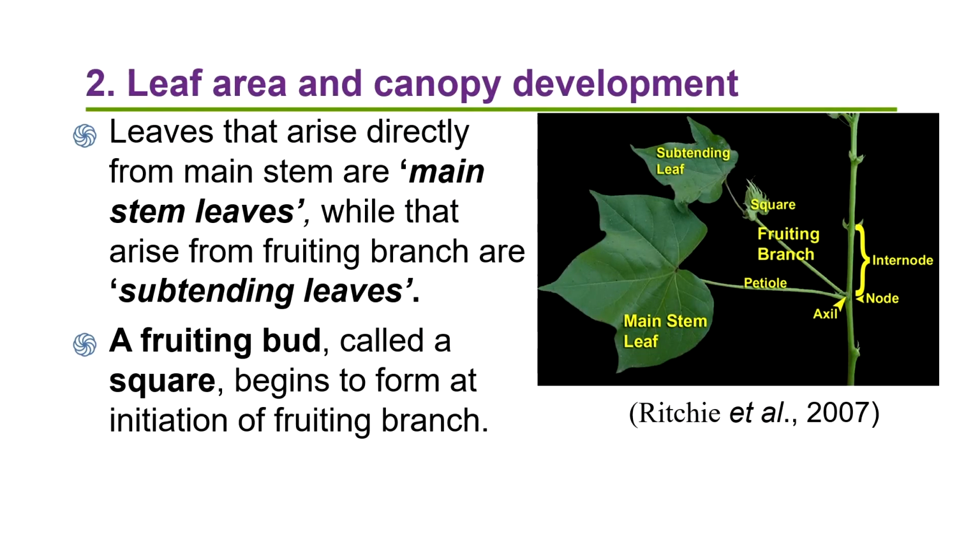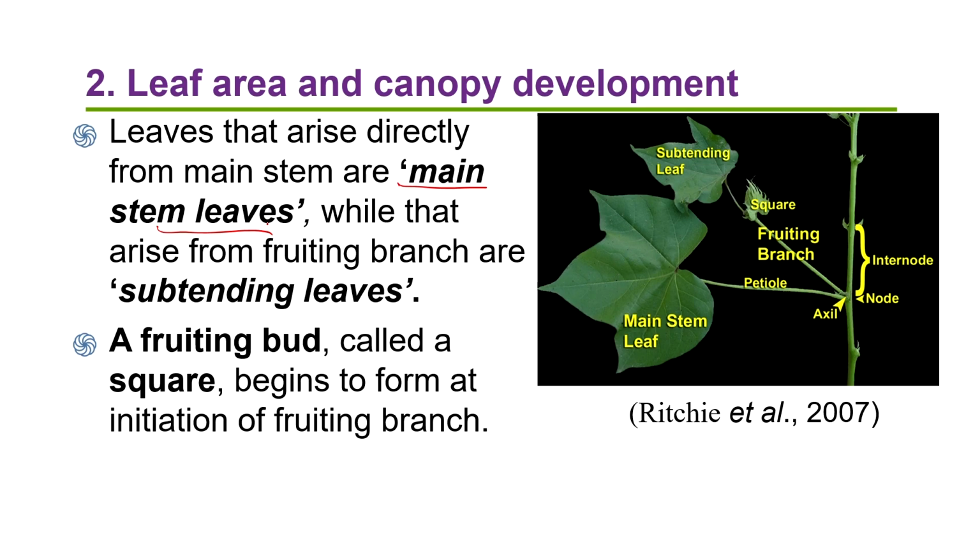Now the second phase is leaf area and canopy development. Naturally the plant will start forming leaves very quickly, and then there will be formation of canopy also. So this is known as the leaf area and canopy development stage of this crop. So leaves that arise directly from the main stem are main stem leaves.